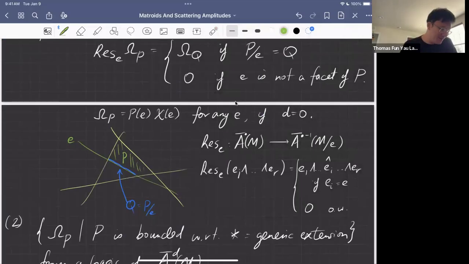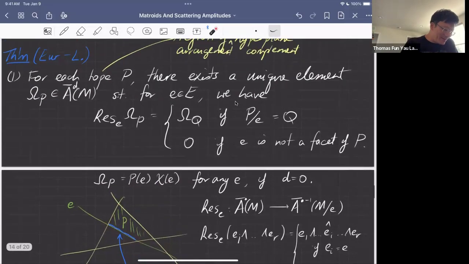I take the tope P, and I want to take the residue of its canonical form along E. What I get is the canonical form of Q, and Q is this tope in the contraction. And when you're down to rank 1, the canonical form is just plus or minus 1, depending on some choice of chirotope.